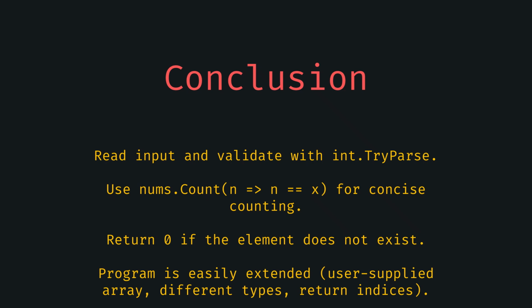If you want, I can produce variants: a version that returns match indices, a version that reads an array from the console, or a generic version that counts any type using IEquatable<T>. Which variant would you like me to produce next?